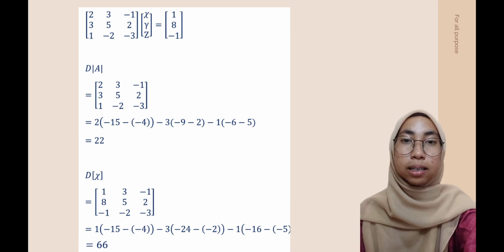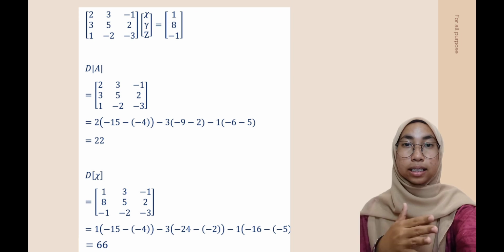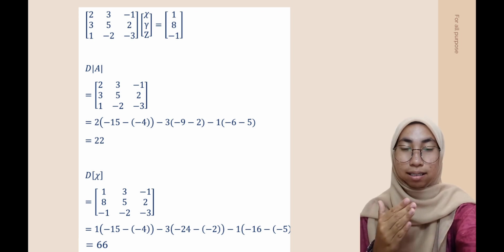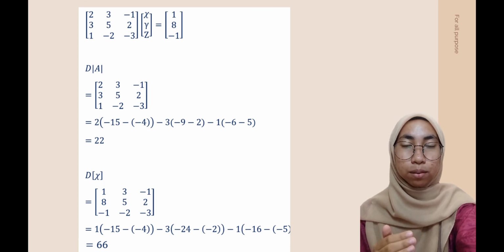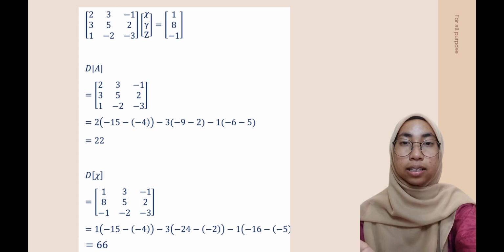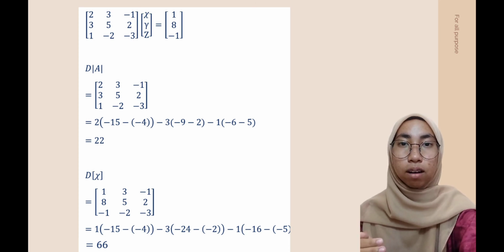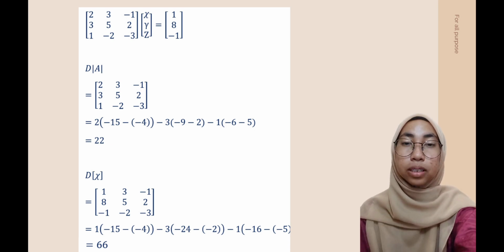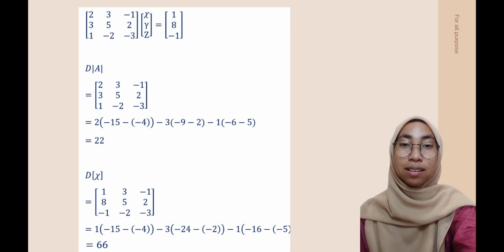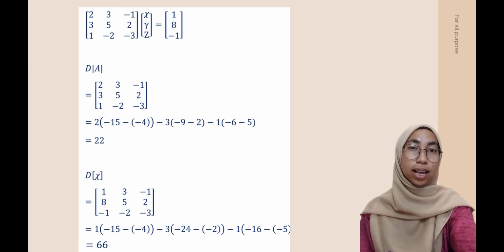The original bracket is 2, 3, 1, 3, 5, negative 2 for y, negative 1, 2, negative 3 for z. The 2, 3, 1 is for x. So we change the place of x, 2, 3, 1, with the answer of the linear equation, which is 1, 8, negative 1. So we just put plus, negative, plus on top of the first number, which is 1, 3, negative 1.